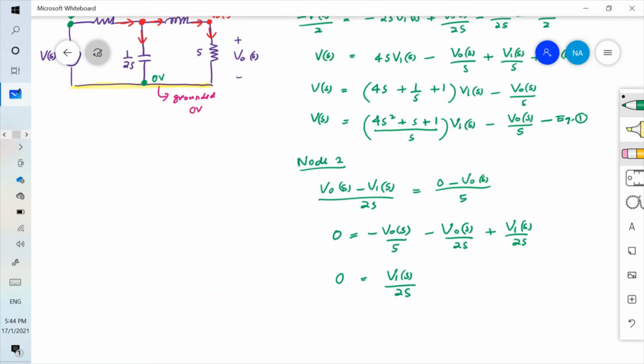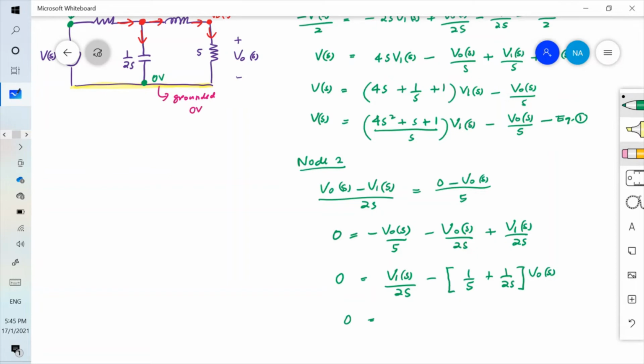Okay, and then we have V naught s in bracket 1 over 5 plus 1 over 2s, V naught s. Okay, so make sure the denominator is the same.